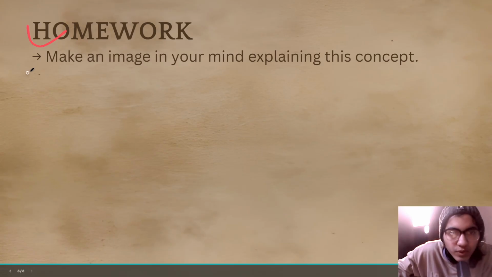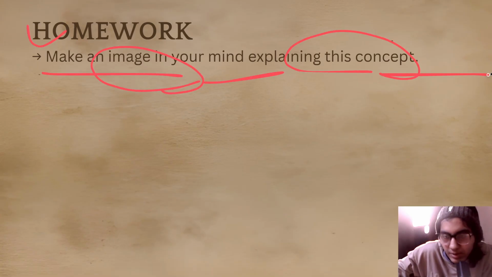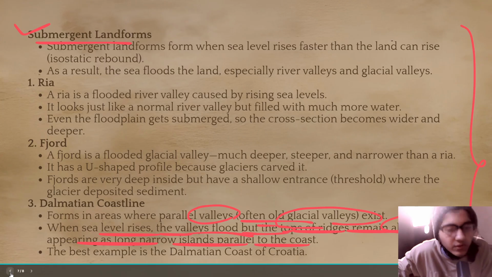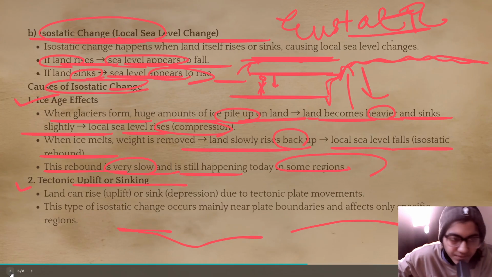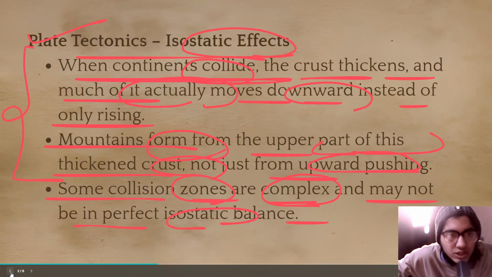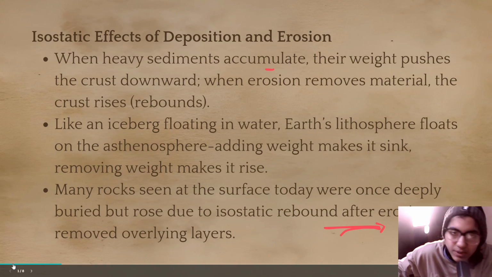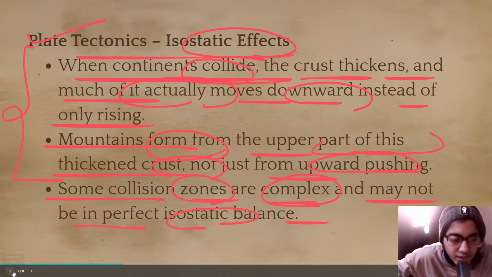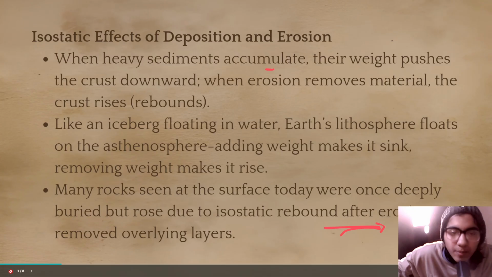So today's homework is to make an image in your mind explaining this concept. We have covered so many topics today, like sea level changes. We can put all of these subtopics into this one topic, that is isostatic effects.